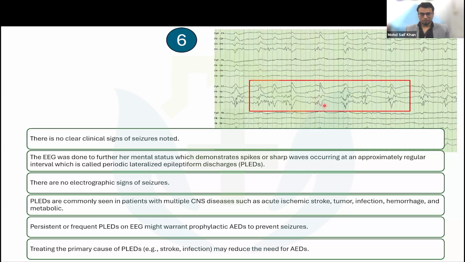With this you may think that this could be epileptiform activity, but actually this is not epileptiform. This is called periodic lateralized epileptiform discharges, PLEDs. They are commonly seen in ischemic stroke, tumor, infection, hemorrhage, even metabolic encephalopathy, and they do not require anti-seizure medications.